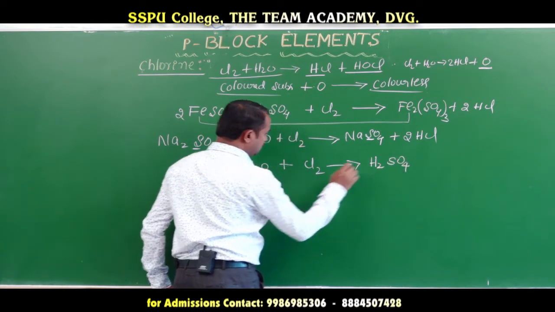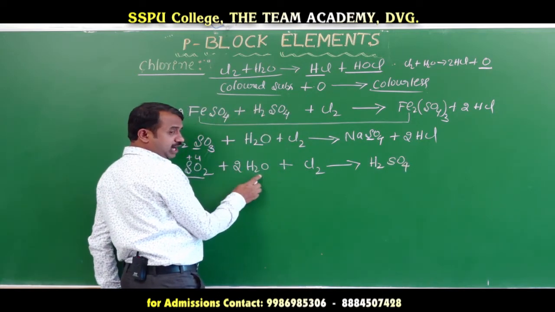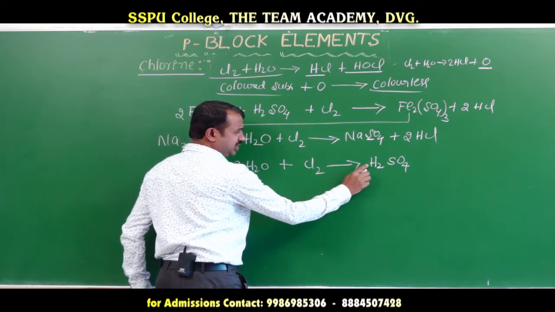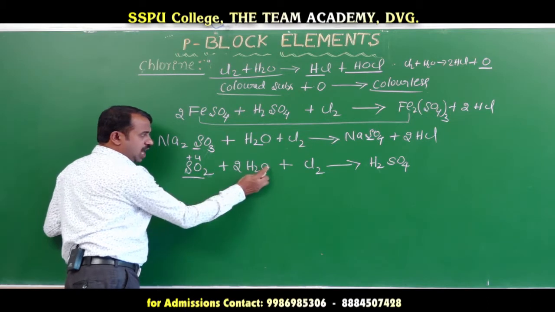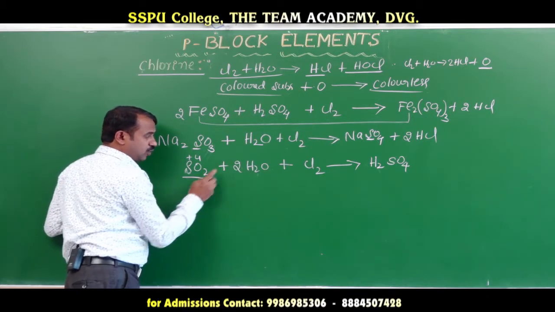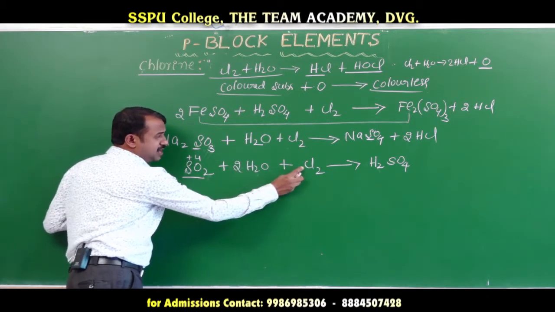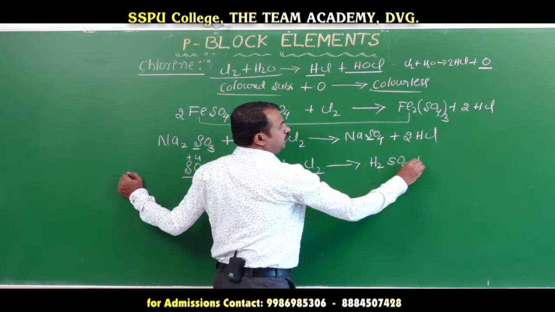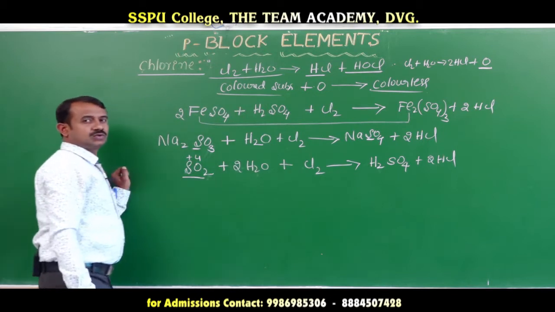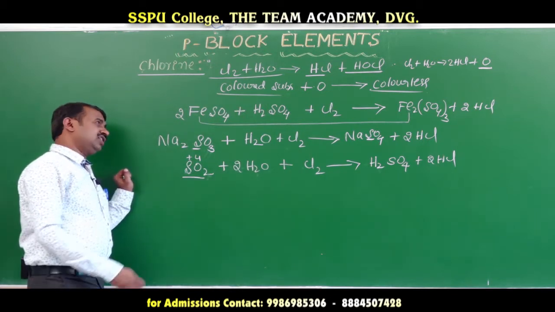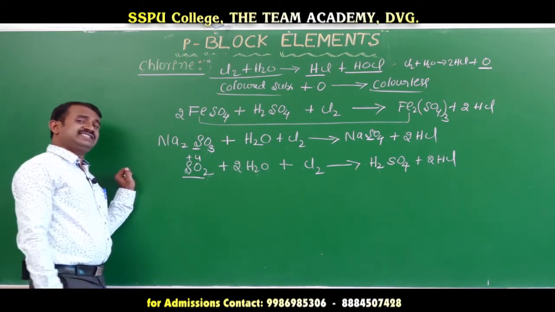Here 4 hydrogens are there, and 2 hydrogens are consumed with SO2 and its 2 oxygens to make SO4. The remaining 2 hydrogens and 2 chlorines form 2 molecules of HCl. Here chlorine is a good oxidizing agent.